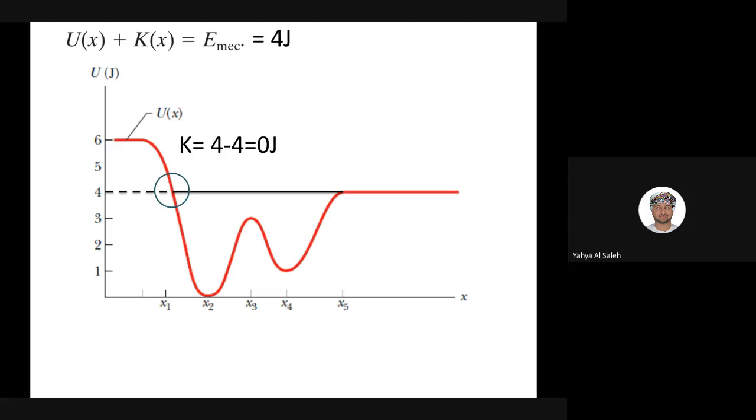Okay, I will reduce my total mechanical energy, instead of 5 joules I make it 4 joules. Good. At these 2 points, my force is not equal to 0, but my kinetic energy is equal to 0.